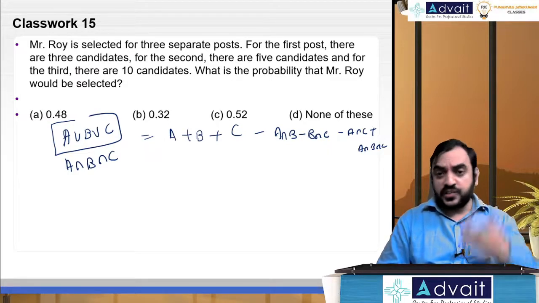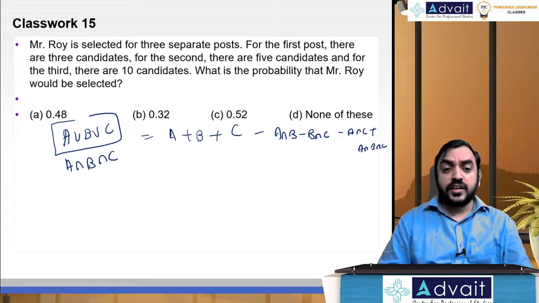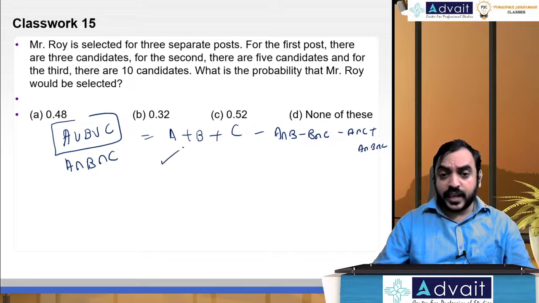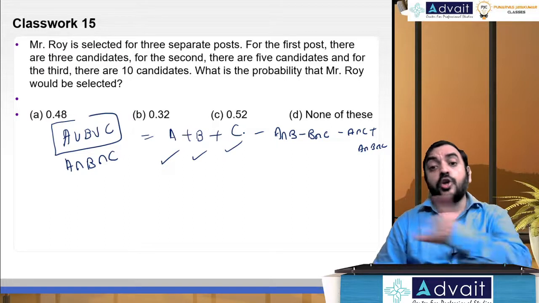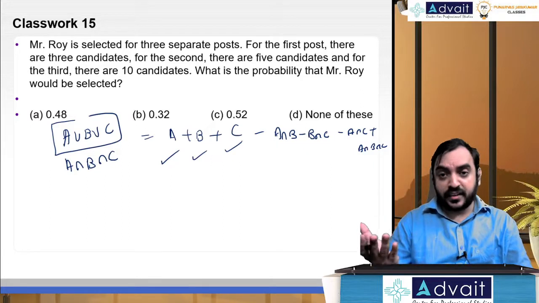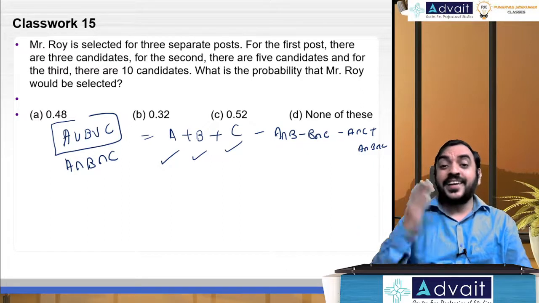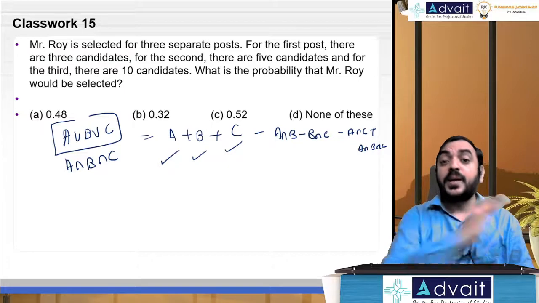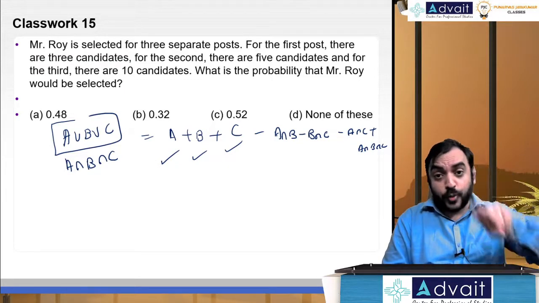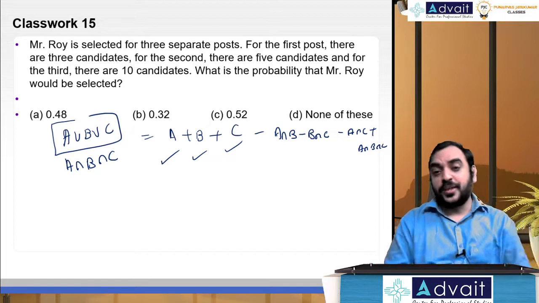Five candidates means probability is 1 by 5. And 10 candidates means probability is 1 by 10. So we can calculate probability of A, B, C. How do we calculate intersections? When no information is given, we say that they are independent, and independent events' probability can be calculated. How? Probability of A intersection B is probability of A into probability of B.